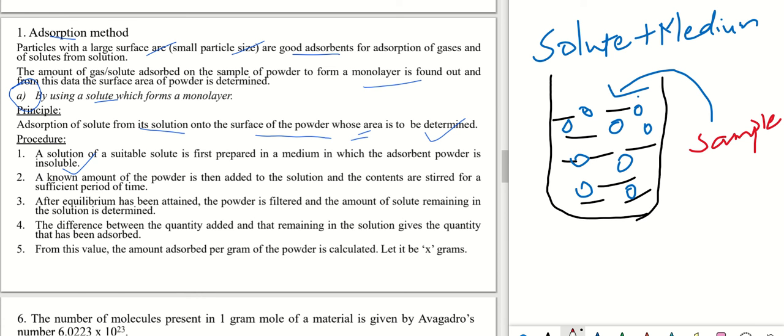We add a known amount, say for example 10 grams, to the solution. The sample is added and stirred properly.